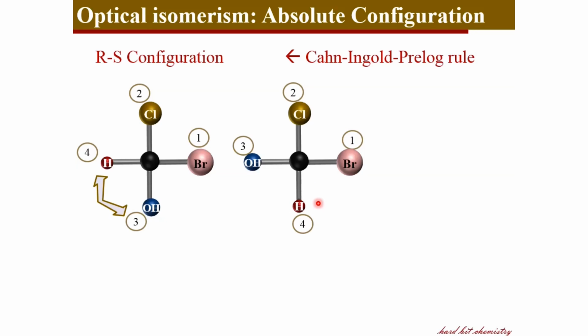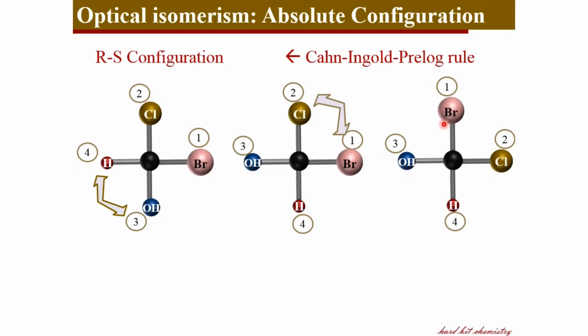So now when your lowest priority group is at this bottom vertical part, you can exchange between any pair of the other three. So here I make an exchange between those two groups. So my new structure is something like this. And now after these two exchanges, the third structure here is identical to the original, or first, structure we started with.